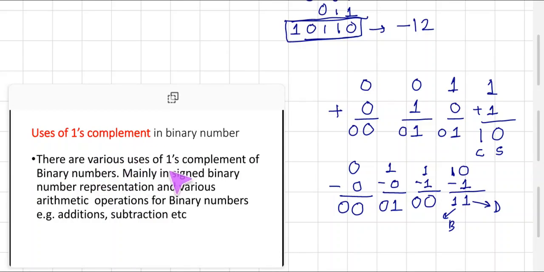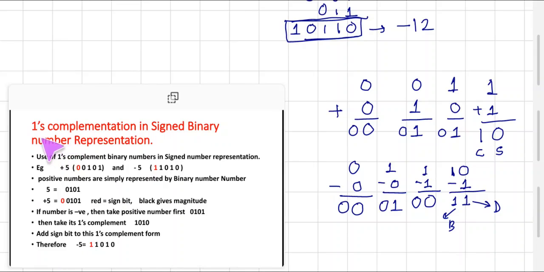There are various uses of the 1's complement of binary numbers, mainly in signed binary number representation, which we already saw, and various arithmetic operations for binary numbers, for example addition, subtraction, etc. If we use 1's complementation in signed binary number representation, we already saw that if the number is positive, the number remains as it is.